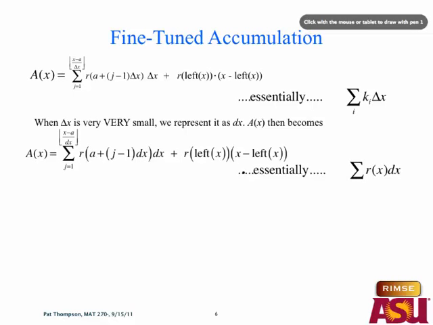And this is essentially the rate function, dx, okay? So now instead of a bunch of constant rates, we're thinking of every rate on the function times dx and summing those up. So rather than these steps, these constant rates, it's like every single rate as it changes times a super small interval.